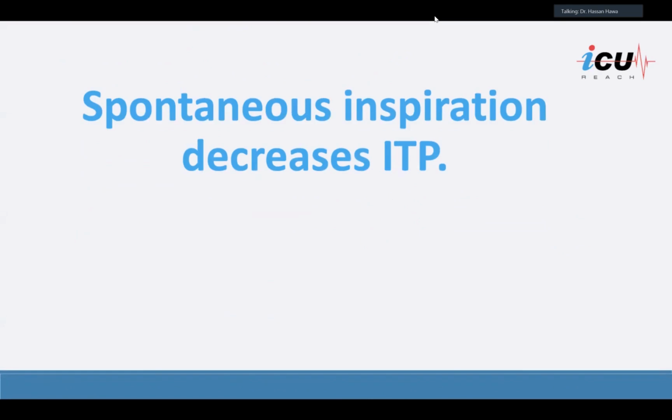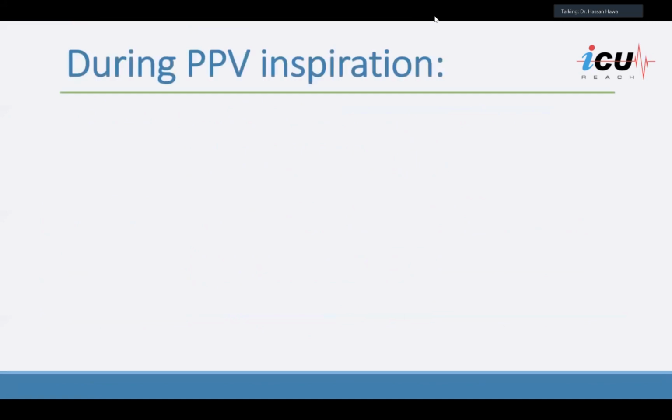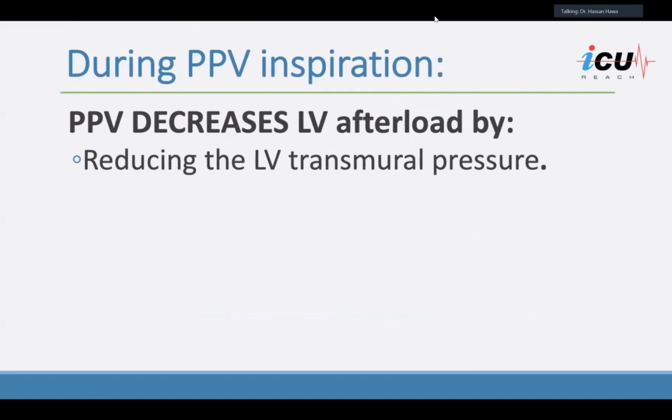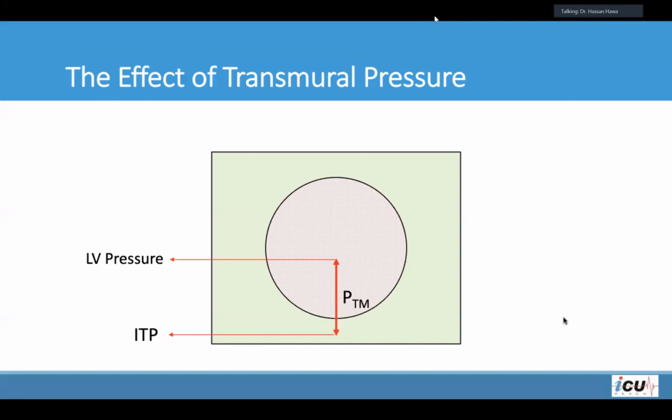Now we know that spontaneous inspiration decreases the intrathoracic pressure, and on the other hand, positive pressure ventilation increases intrathoracic pressure. So positive pressure ventilation decreases the left ventricular afterload by reducing the left ventricular transmural pressure, and this can be illustrated in this scheme here.